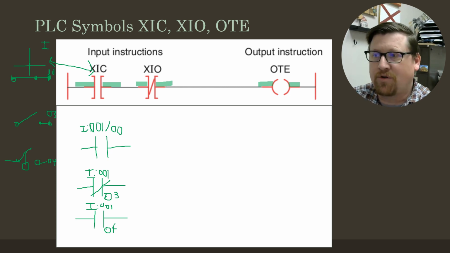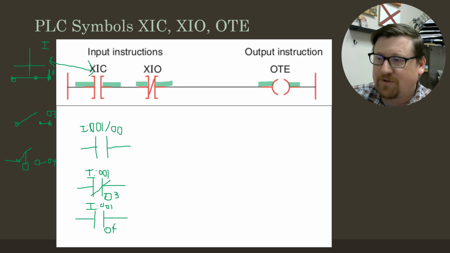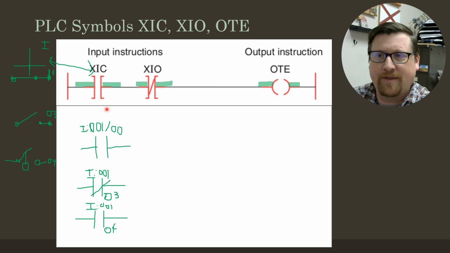Because all of these symbols that we're putting in, these examine if closed, examine if open symbols, are in the program. They're not in the outside world. We have things in the outside world that are coming into the PLC, and then we write a program inside the computer, and we're using these XICs.